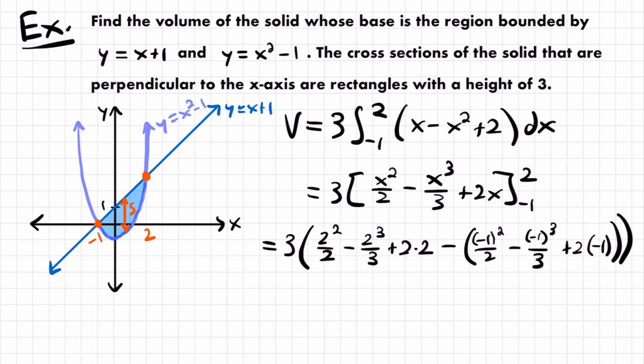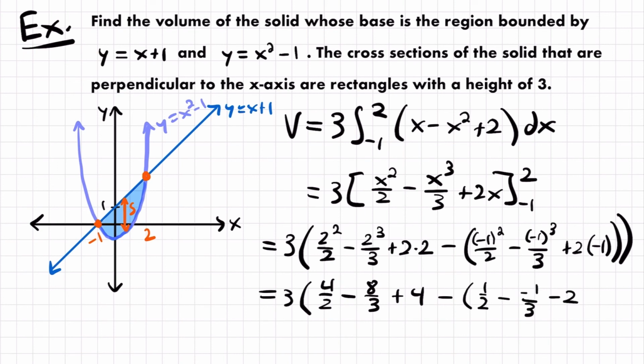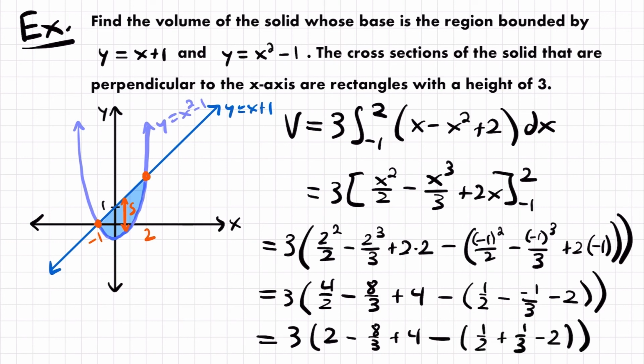All right, and so if we simplify, this is equal to 3 times 4 divided by 2 minus 8 divided by 3 plus 4, minus 1/2 minus negative 1 divided by 3 minus 2. All right, and that will be equal to 3 times 2 minus 8/3 plus 4 minus 1/2 plus 1/3 minus 2. Okay, so 4 divided by 2 is equal to 2, and then these two negatives became positive.